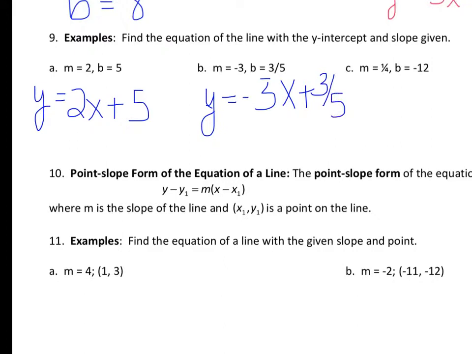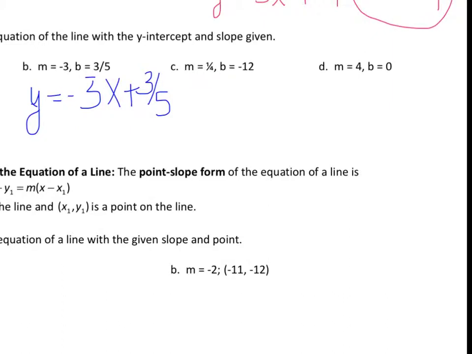And the last one, oh, there's 2 more, just kidding. C is going to be y equals 1/4 x minus 12, and D, y equals 4x. We don't write plus 0, we just leave it off altogether, and that's implied that it's plus 0, that our y-intercept is 0.